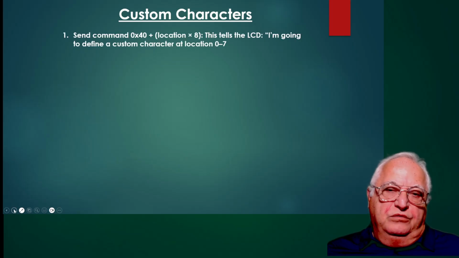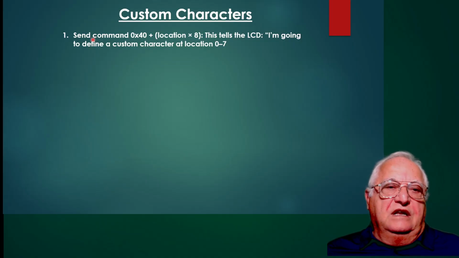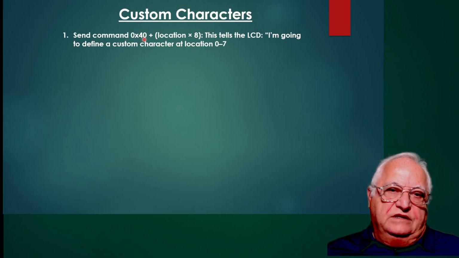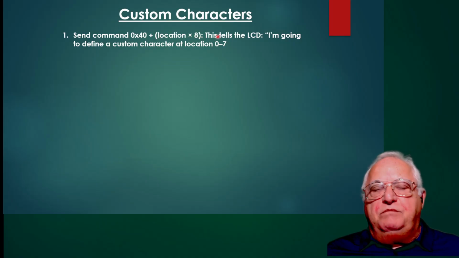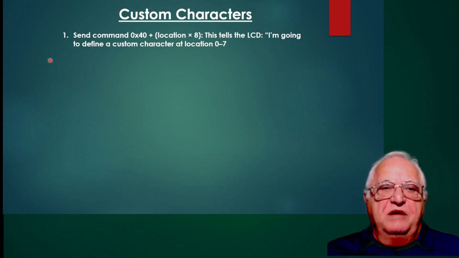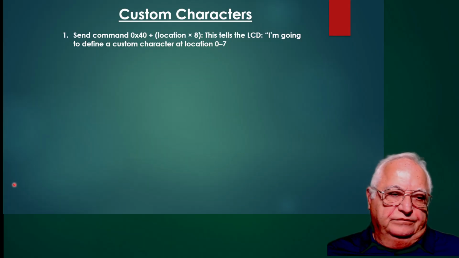So let me show you exactly how we do this. First, you send the command 40 hex plus the location multiplied by 8. And I'll explain why we need to add this location times 8. This basically tells the LCD I am going to define a custom character at a particular location.